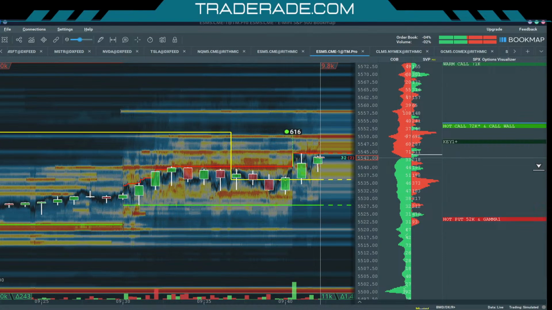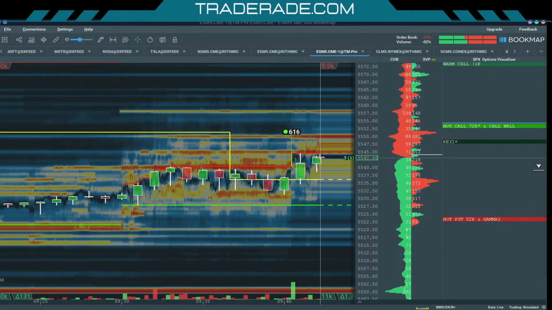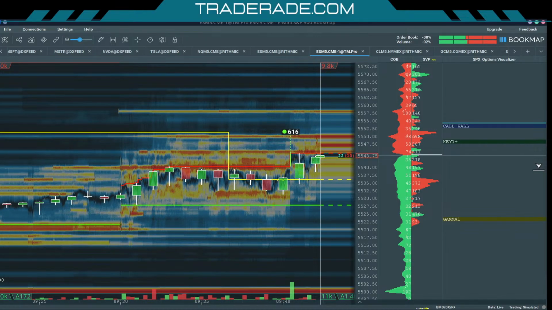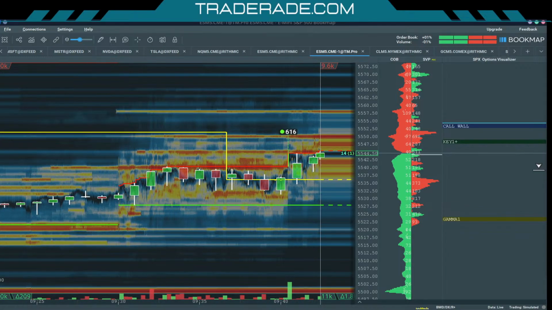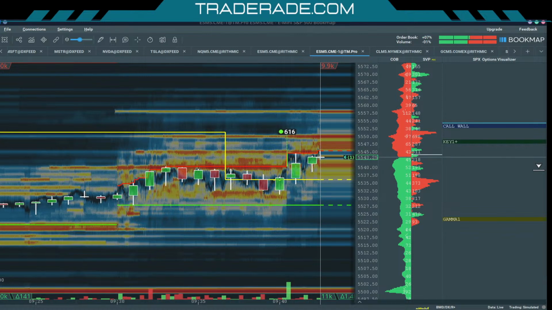And the wider stops mean if I'm still using the same size, I'm taking higher risk. So the way I can reduce my risk if my stops are widening is to reduce my size, right? So it means I can still play in the market. I can still trade this tape, but I'm going to be way more careful. I'm going to size down because I have to use wider stops to accommodate for the volatility of an illiquid market.